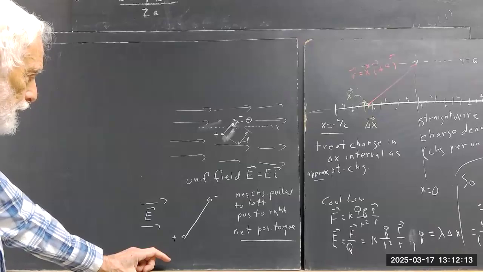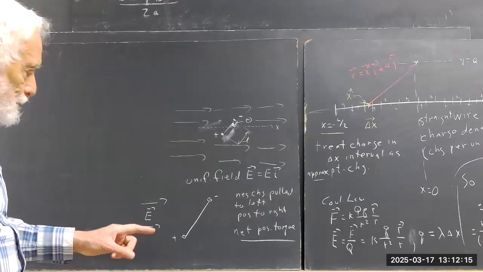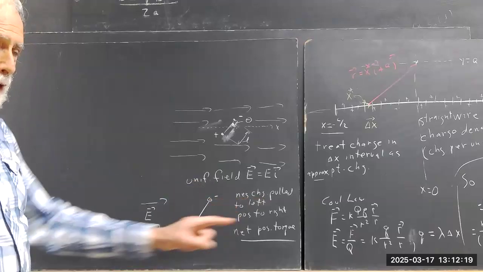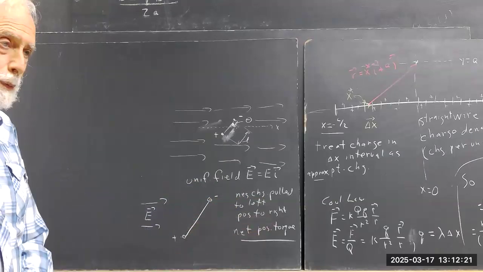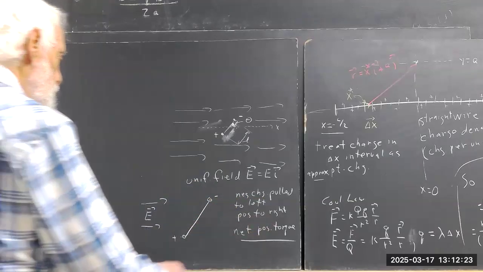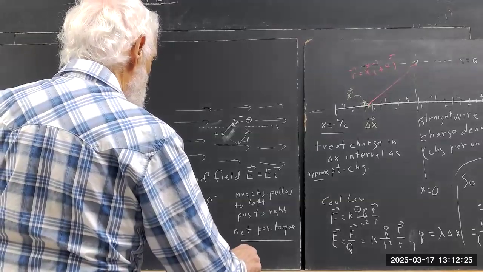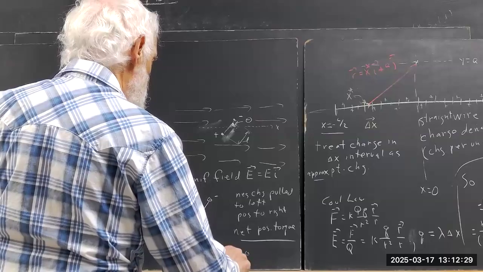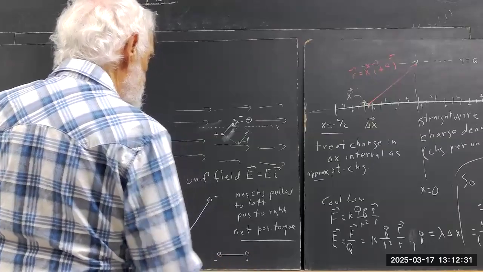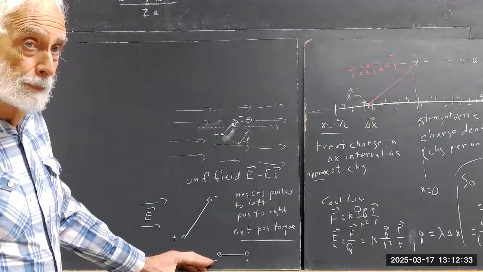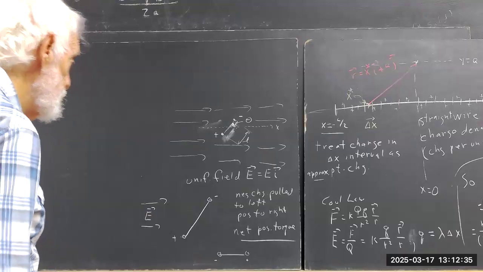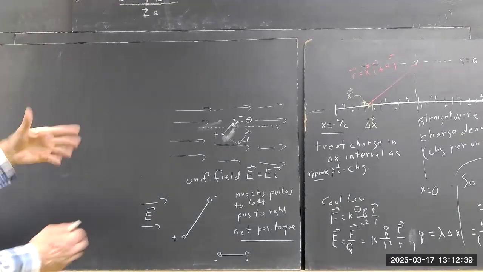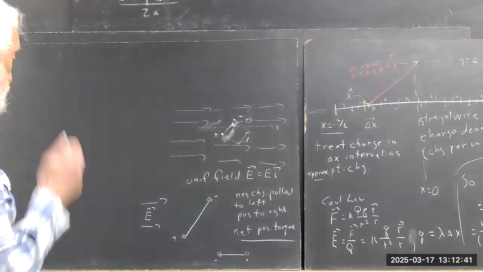It'll align so that the direction from the negative to positive charge will match the direction of the field. There are better ways to put that, but that's what it's going to look like, again, if there are no other forces acting.